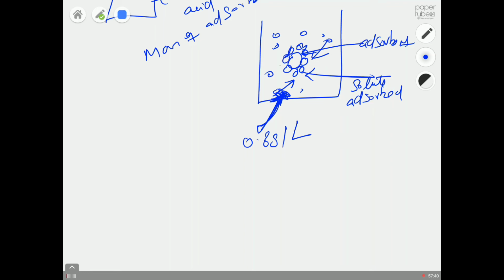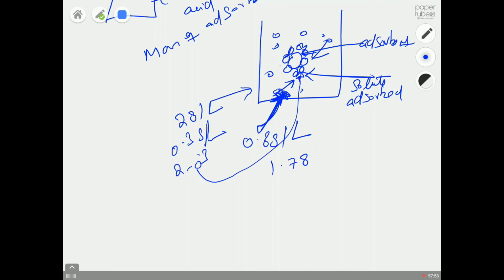You started from 2 grams per liter, and at equilibrium you reached 0.3 grams per liter. So 2 minus 0.3 should have moved to the solid side, which equals 1.7 grams per liter. This is in terms of per liter. That's the unit, try to remember that.